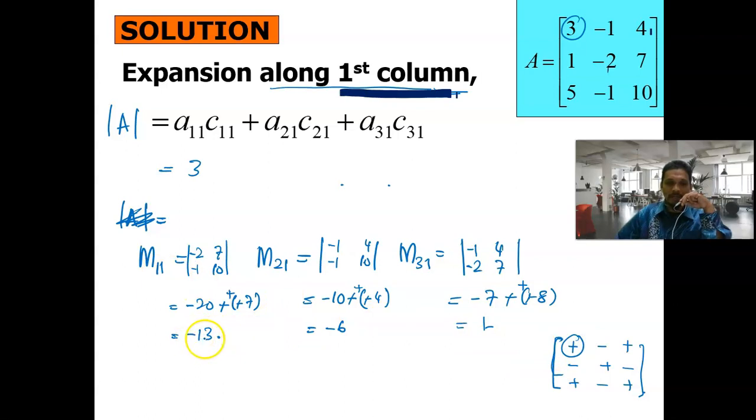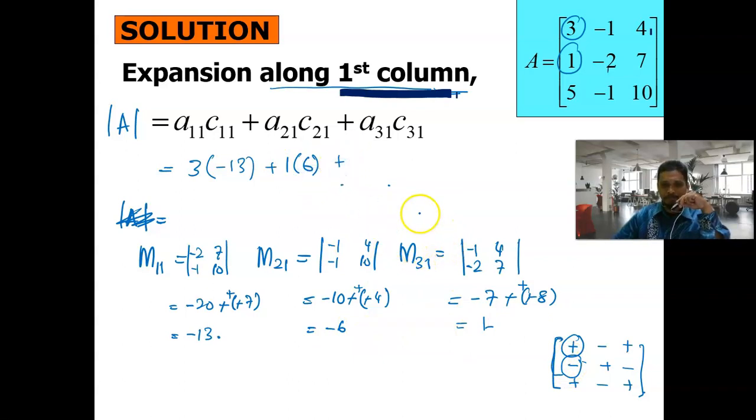So negative 13 multiplied with positive, negative 13, plus with A21, which is 1. And this is a minor of 21, which is negative 6. And the sign of 21 here, we have negative. So negative 6 multiplied with negative equal to positive 6.